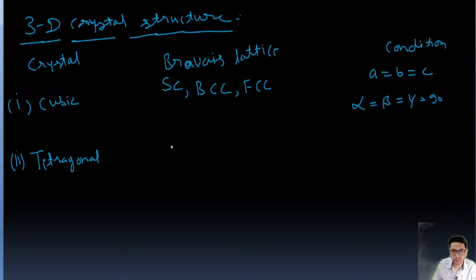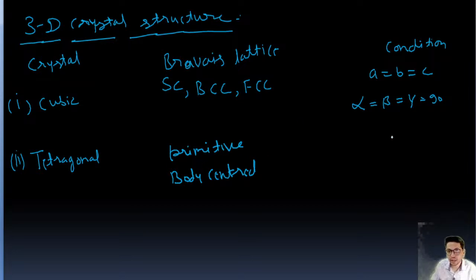For tetragonal, the Bravais lattices are primitive and body centered.